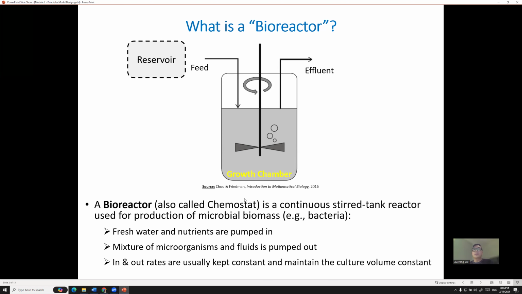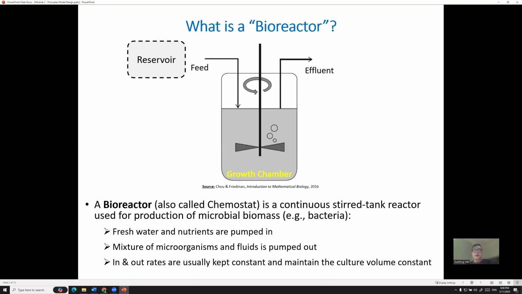A bioreactor is a continuous stirred tank reactor used for production of microbial biomass. So it's a chamber used for producing microbial mass, such as bacteria.